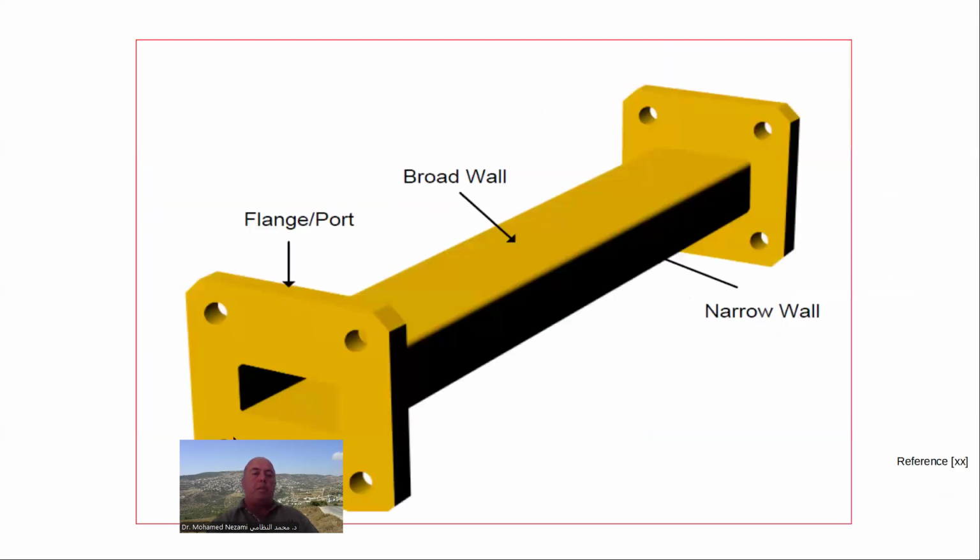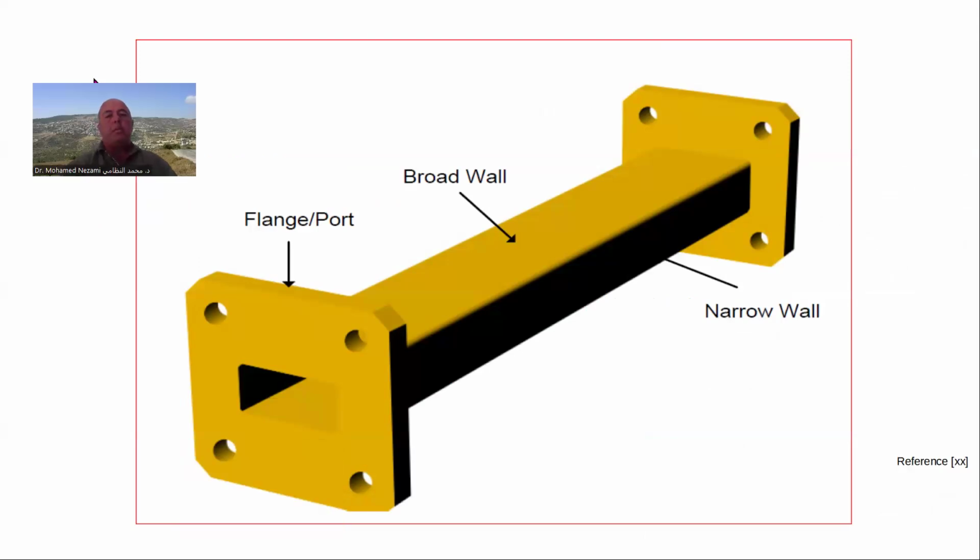Okay, so let's start with the very basic principle of designing a slotted waveguide antenna. Here's a rectangular waveguide that shows a section of a waveguide. The first thing you need to recognize is that we have two walls. We have what we call the broad wall, which we refer to as dimension A in the textbooks and publications.